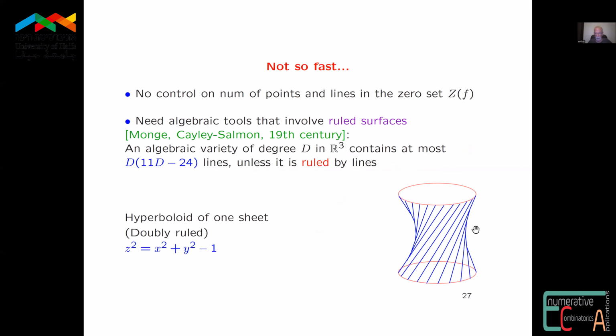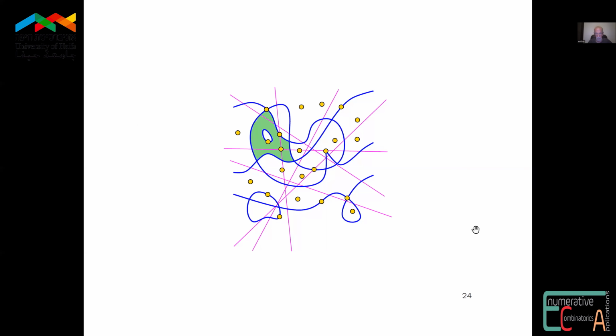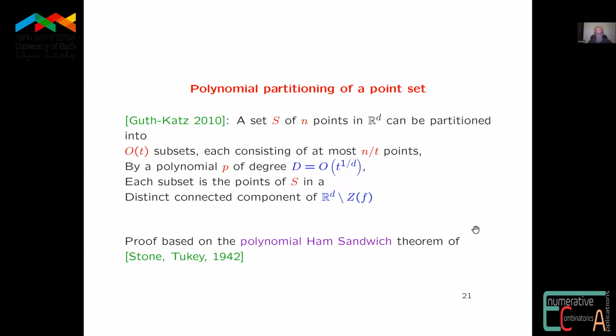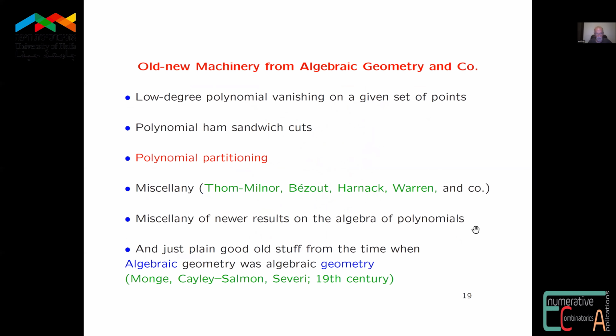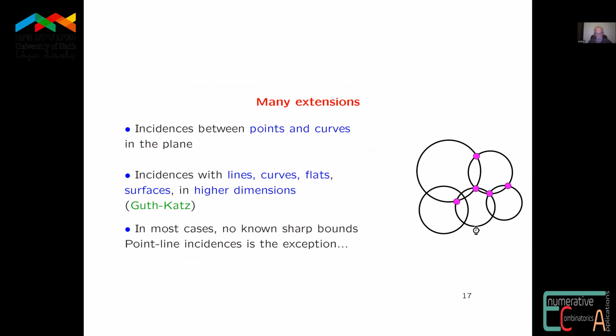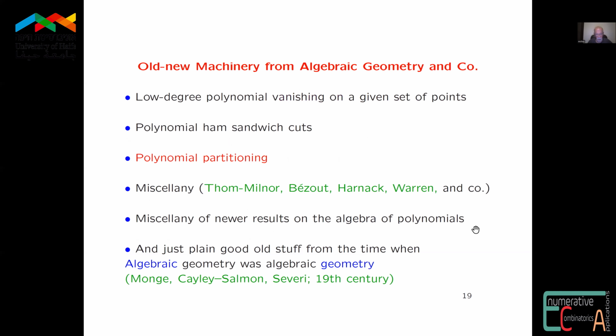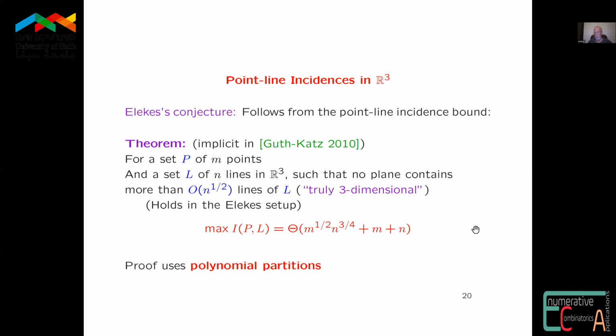Maybe I should just say, very quickly, why I get Elekes' conjecture from this bound. Because if I look at the k-rich points, they contribute mk incidences, because each of them is incident to at least k lines.